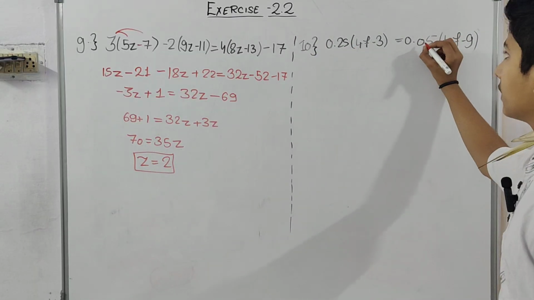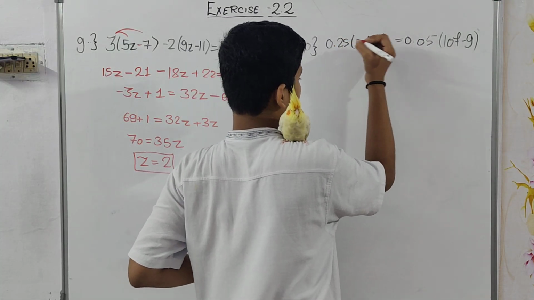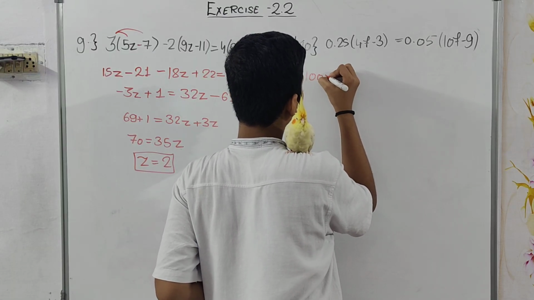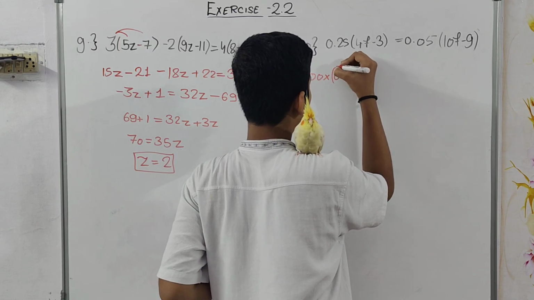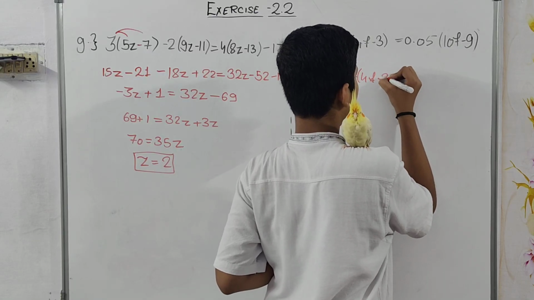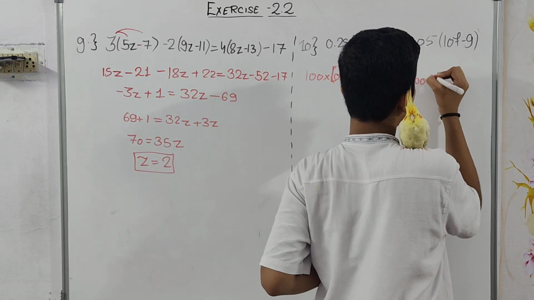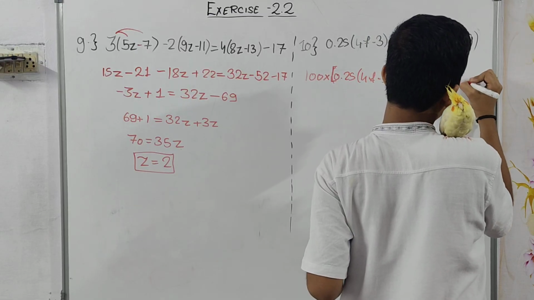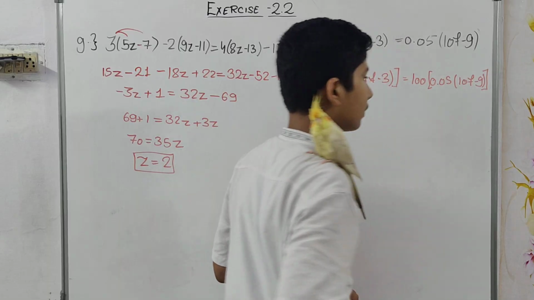Okay, now this question. This has decimal values. So what we do? We just do a simple thing. We multiply it by 100, multiply it by 100. So 100 into 0.25, 4f minus 3, equals 100 into 0.05, 10f minus 9, bracket close.